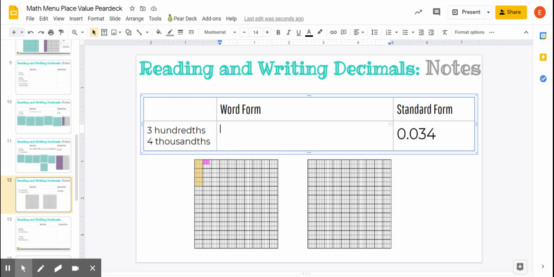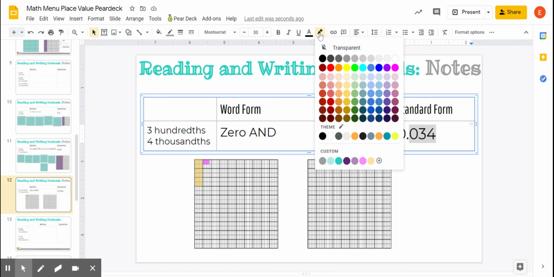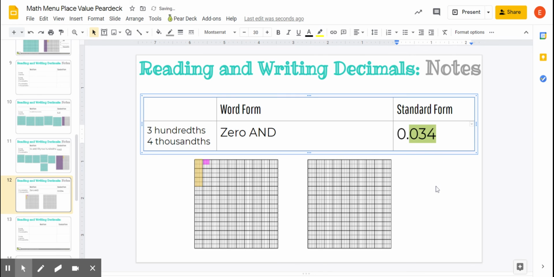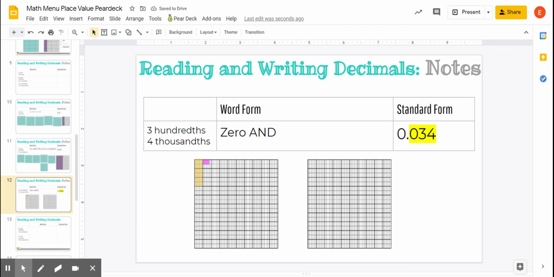Okay, so if we're trying to then say this number, we would say that we have 0 and. Remember, the 0 is the placeholder in the ones place. And if I read what I see here, like in this highlighted section, that's showing me 34, right?